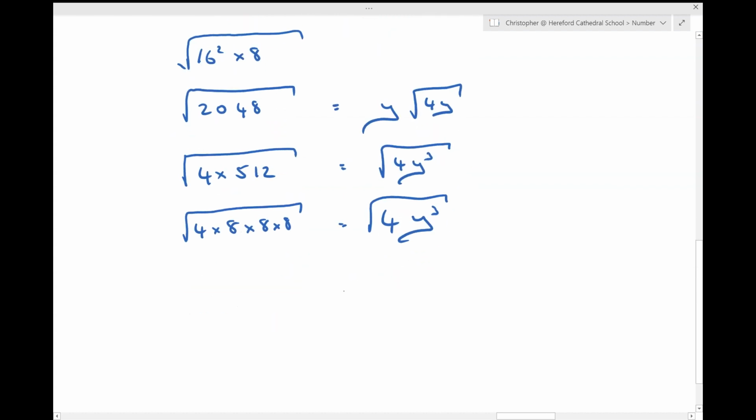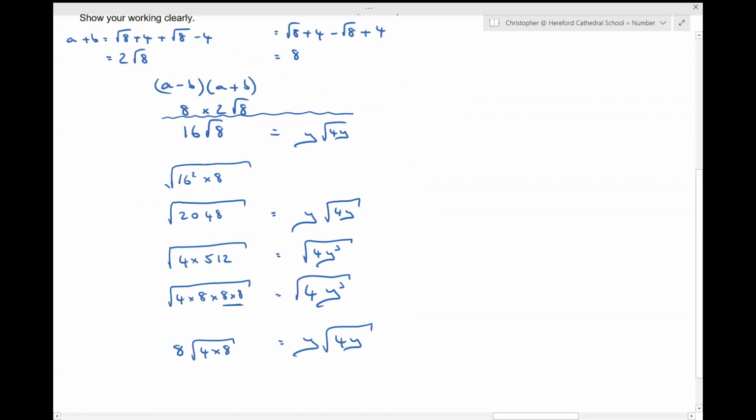Now I want to write it in the form y multiplied by the square root of 4y. So I'm going to take out a y squared from my right-hand expression. So I'm going to take out an 8 squared from my left-hand expression. So that's going to become 8 outside of the square root. And I'm going to be left with 4 multiplied by 8 underneath my square root.